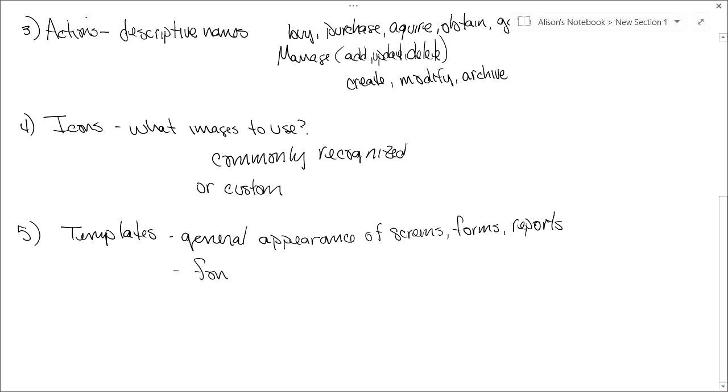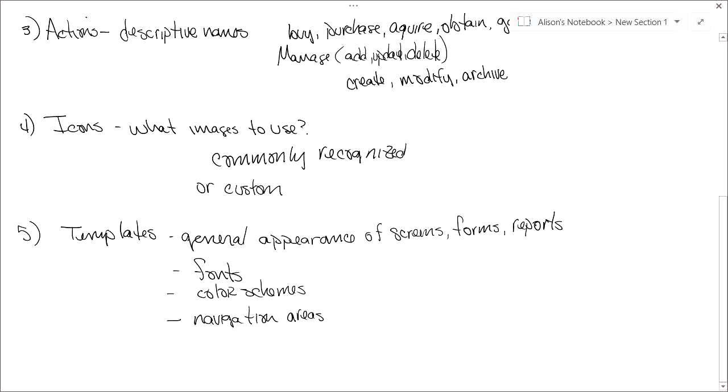This includes consistency in the fonts that you want to use, consistency in the color schemes, also the navigation areas. If you're going to have the navigation on the top on one screen and then move it to the bottom on the next screen and then move it to the left on the third screen and then just completely leave it off on the fourth screen, this can make the users unsatisfied with the product.